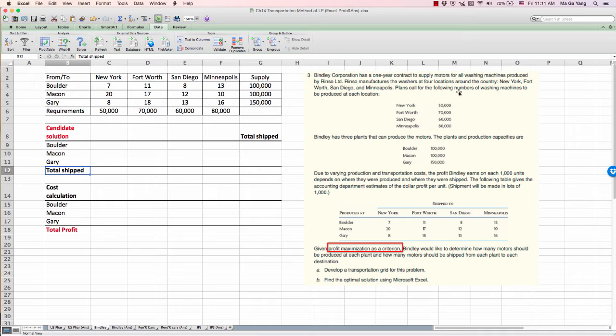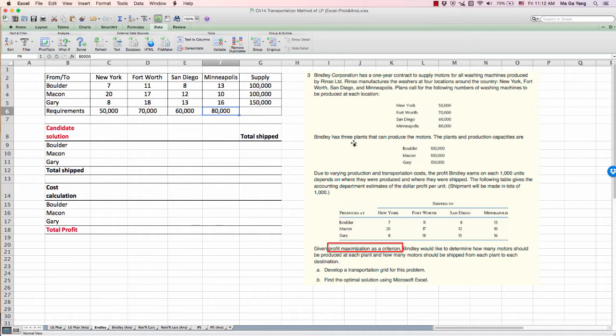These are the plan for the following numbers of washing machines to be produced at each location. So I believe these will be the customer demands: New York, Fort Worth, San Diego, and Minneapolis.